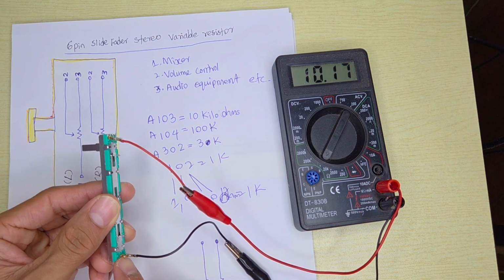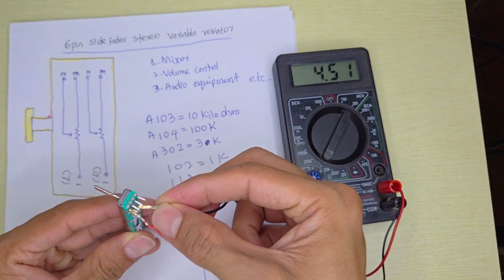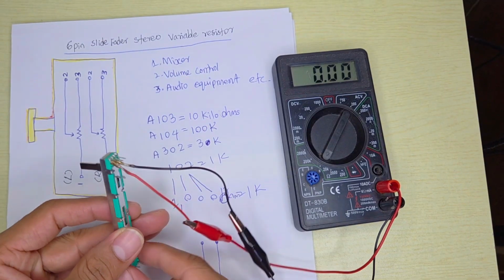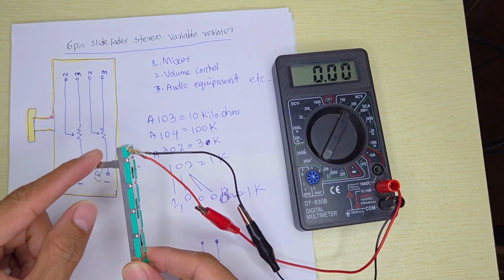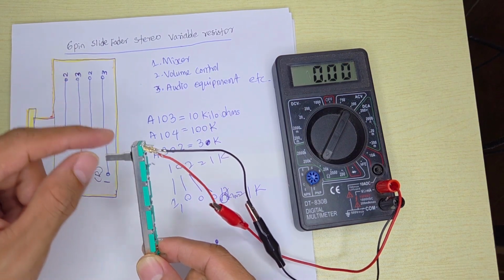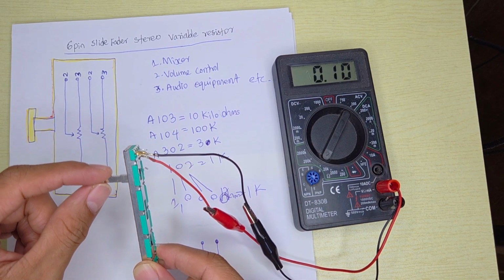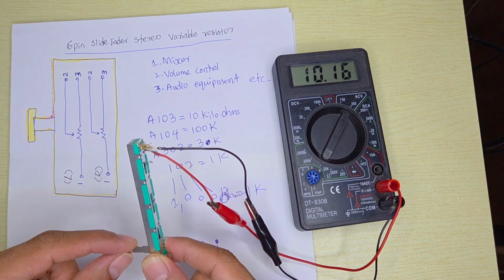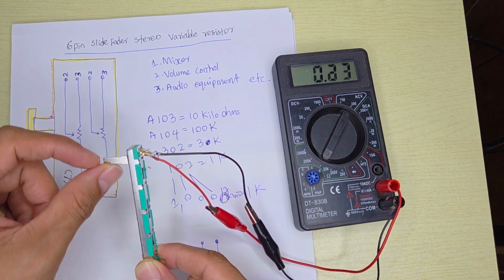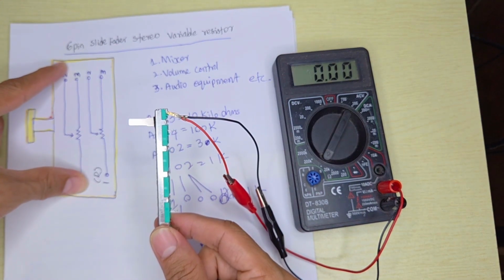But this ground you can change to the other pin as well. These 2 pins you can use instead. But if you use these 2 pins, when you slide to this position the value will increase, and in this position the value will decrease. That's the reverse of using it from here to here.